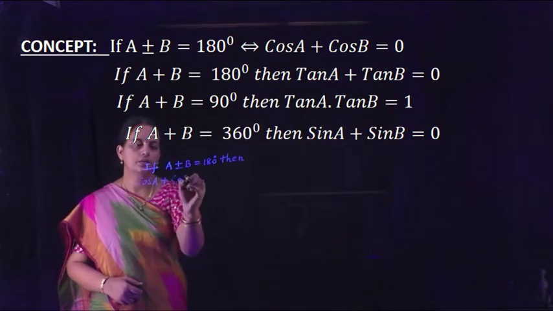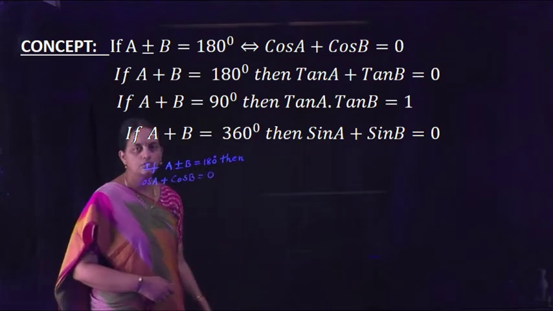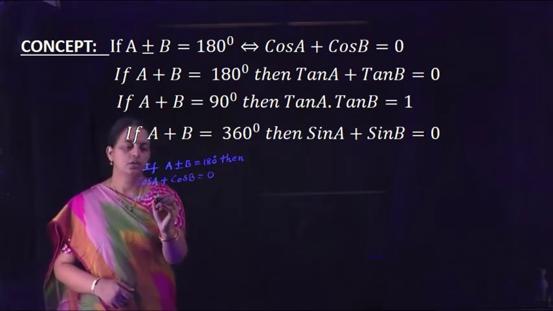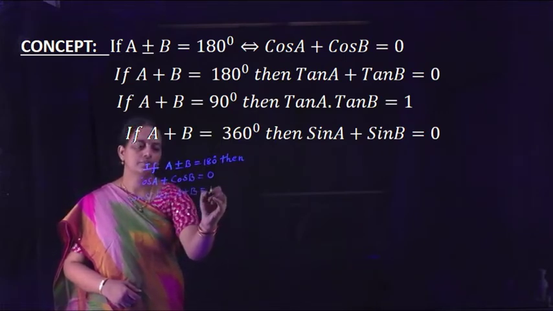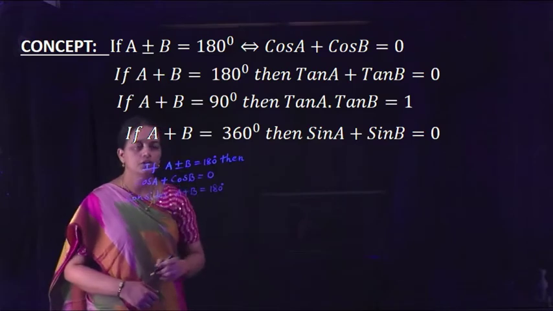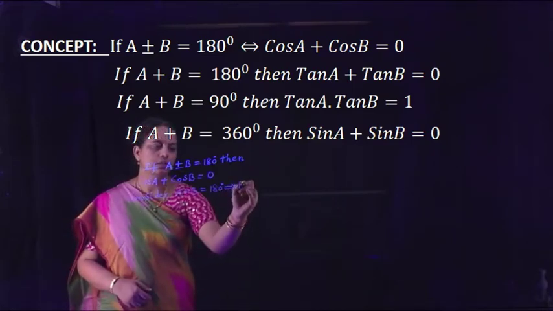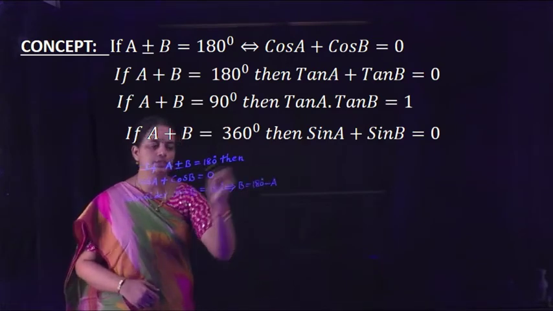First, consider a plus b is equal to 180. From this, we can write b equal to 180 minus a.